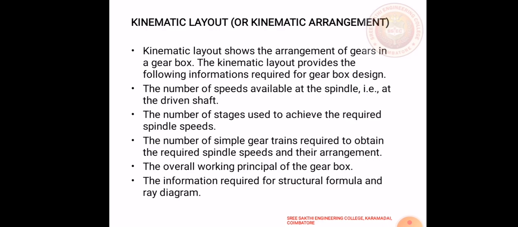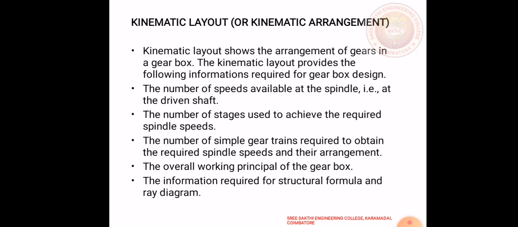Next, kinematic layout. It is also called kinematic arrangement. Kinematic layout gives the arrangement of gears in the gearbox. It provides a number of pieces of information for designing a gearbox.